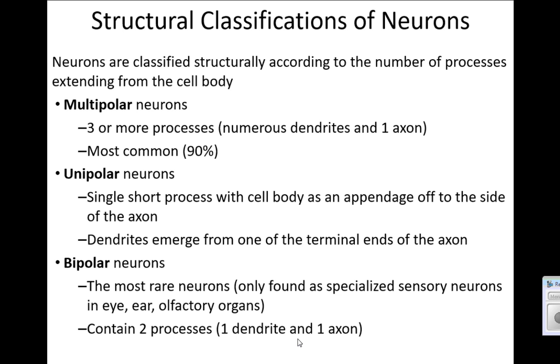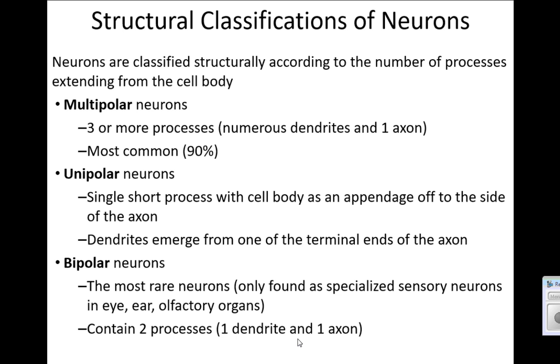Now, what was pictured there on the previous page was one of our three structural neurons. And that was actually a multipolar neuron, the most common type. We've got two other types, unipolar and bipolar. These names come from how many extensions come off of the cell body.